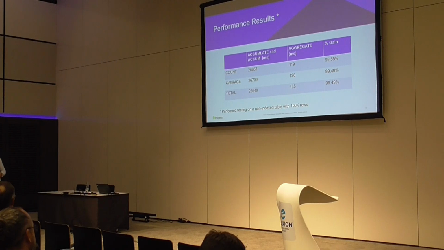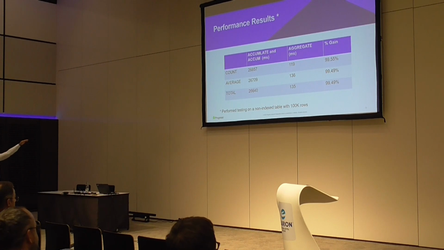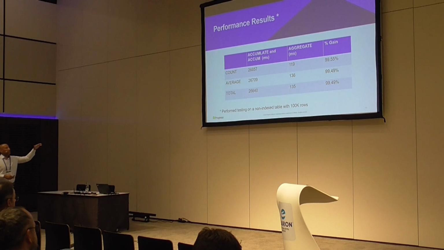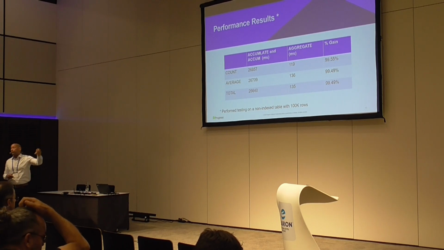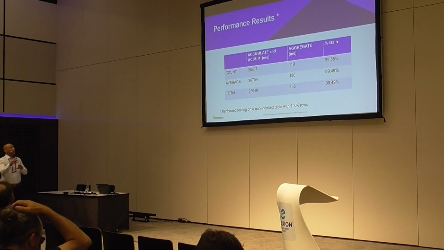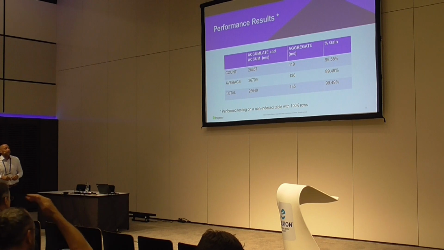And you can see the breakdown, again comparing the accumulate and accum functions with the aggregate statement, two statements against one statement, and then the aggregate operations count, average, and total. You can see the values are in milliseconds, and you can see the huge performance increase using the aggregate statement over using the other two statements.